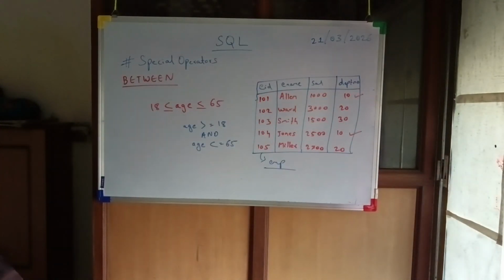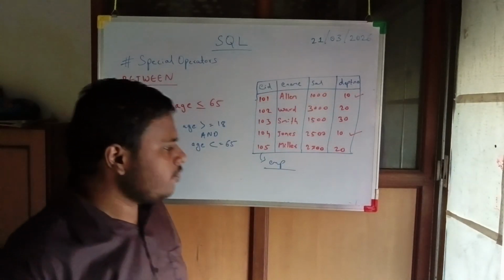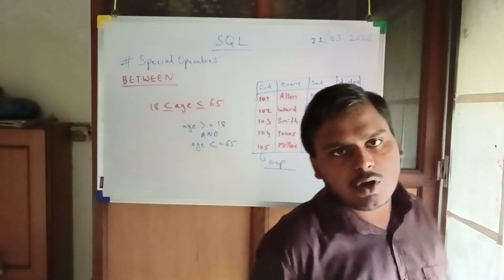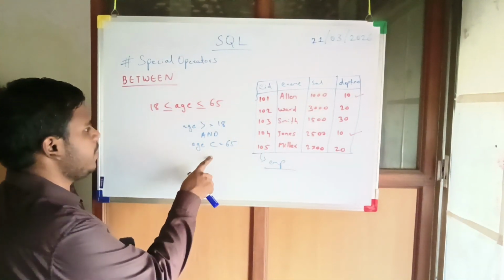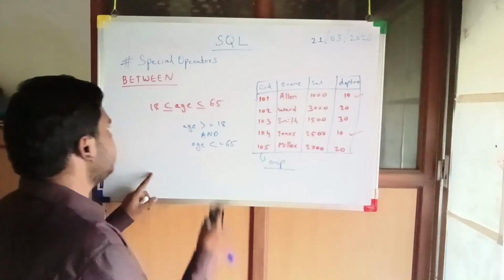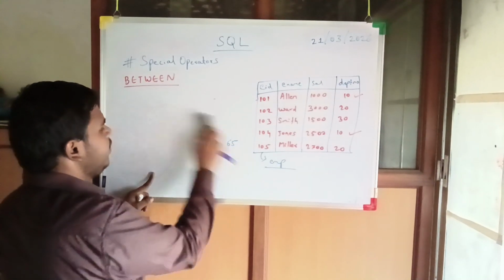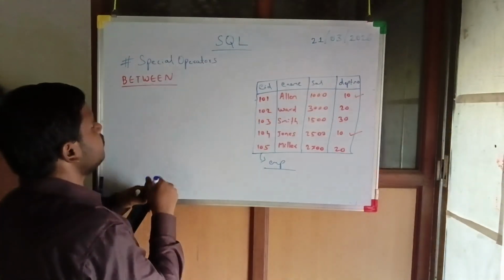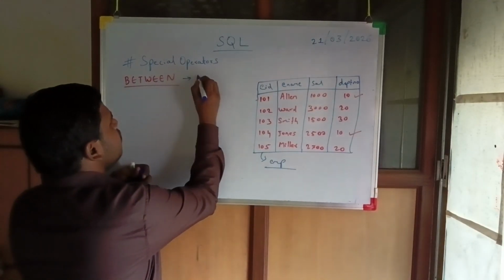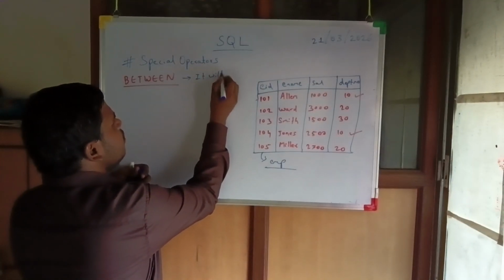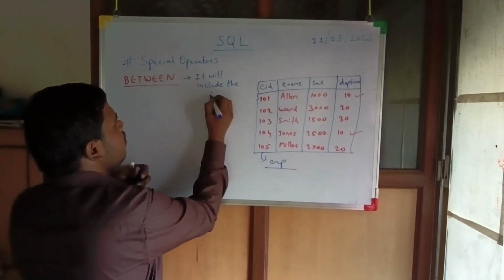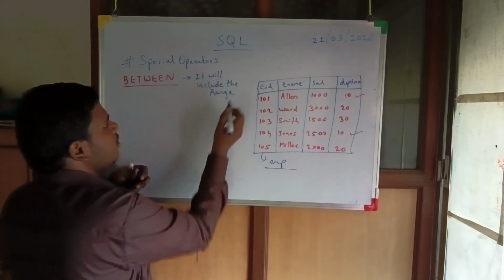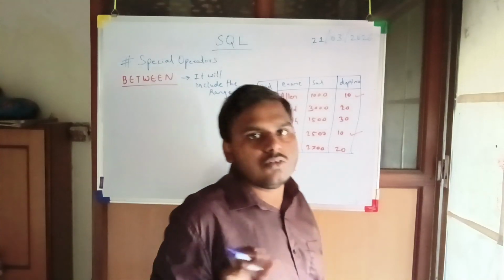To reduce the syntax, we need to use a concept called the between operator. The between operator works the same as this range concept. The role of the between operator is to include the range.